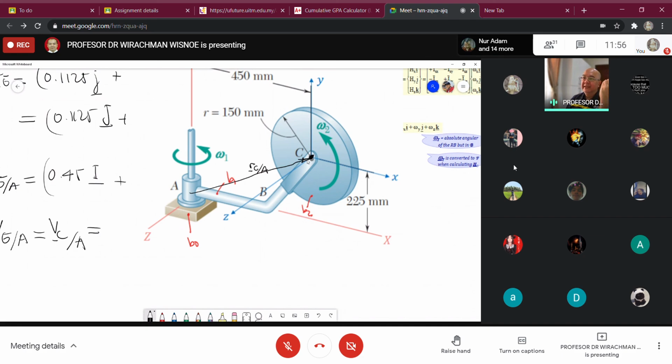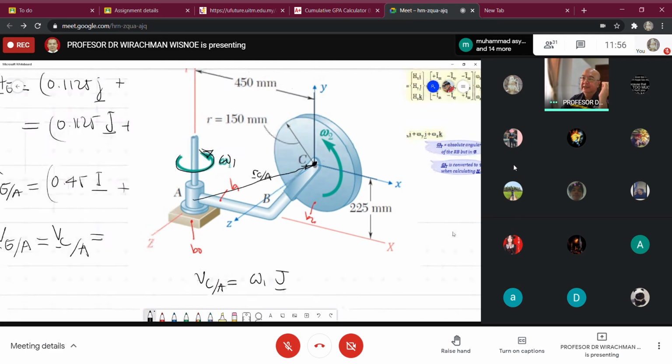The arm rotates with this axis. So for sure, the velocity of C relative to A is the omega 1, which is in the J direction, right?